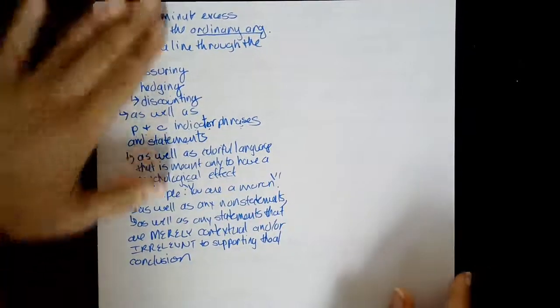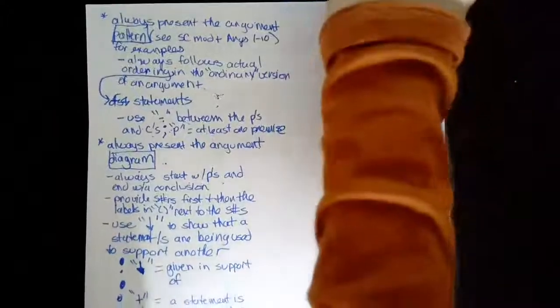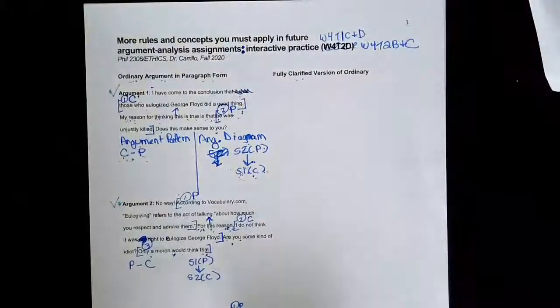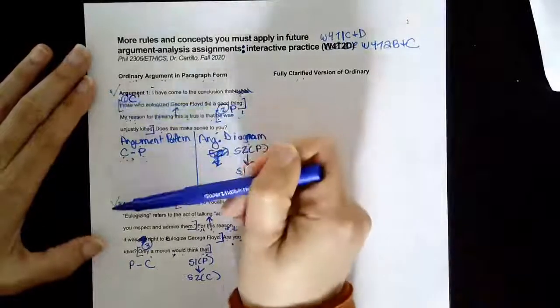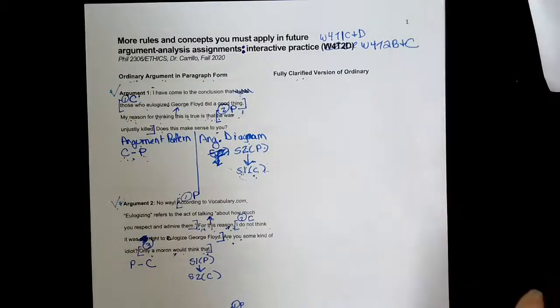So at most, we're going to add a little bit more notes here, and then we'll be done with that. You can see that I have check marks. Any arguments that have check marks, we are going to work on together in the video, or I'll have you pause and then we'll work on them.